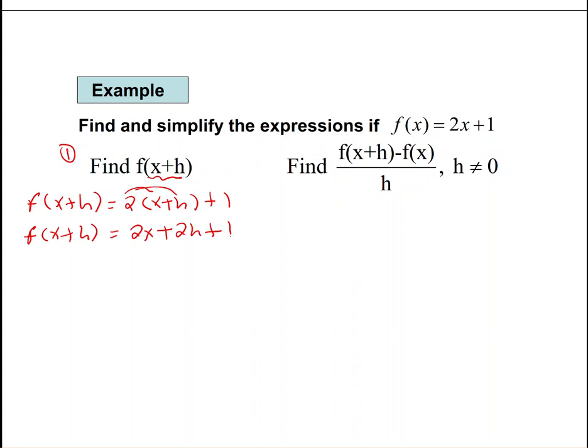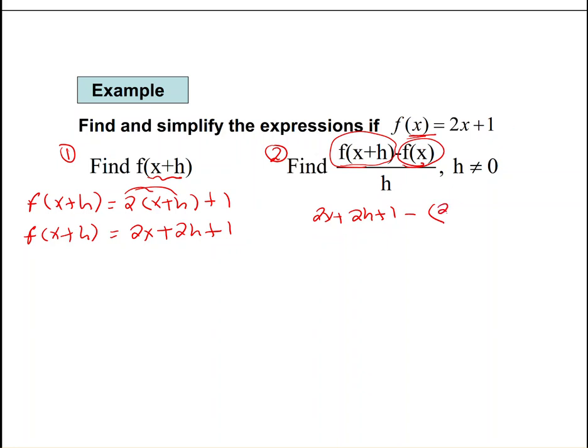So now I can take that piece of information, I can come over here, and that'll help me out a little bit because I already know what f of x plus h is. It's 2x plus 2h plus 1. So I can replace that f of x plus h with 2x plus 2h plus 1. And then it said minus the original function. So the original function f of x was 2x plus 1.